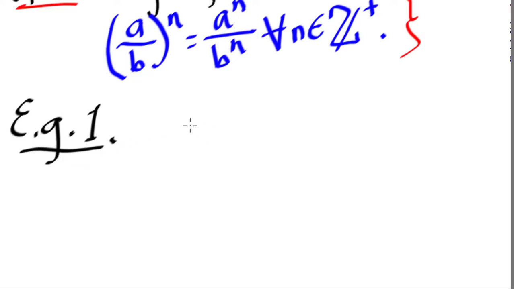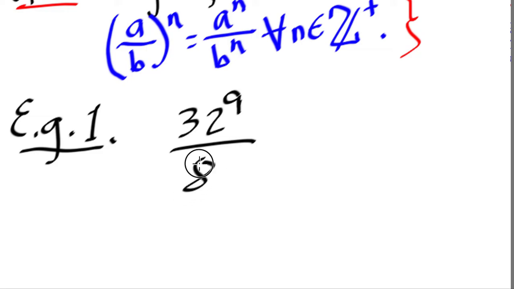Let's have 32 raised to 9, for instance, all over say 8 raised to 9. So what is the answer? Maybe you can pause the video and try to answer that.